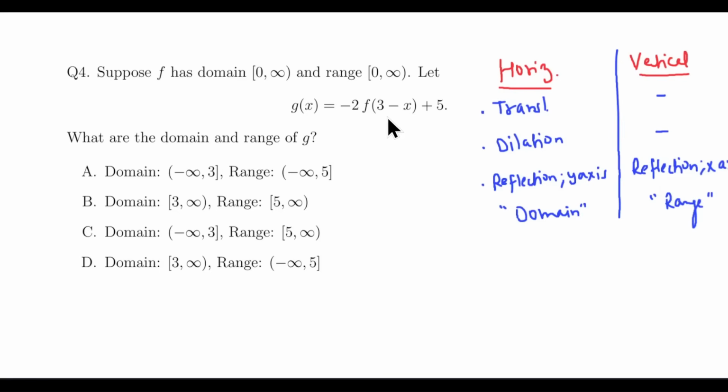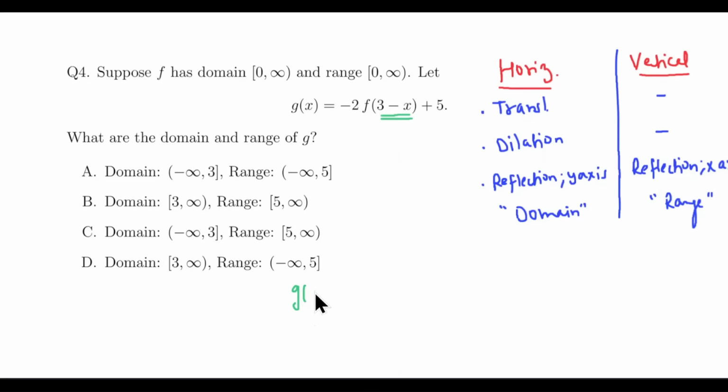So I can see that there is only one horizontal transformation involved, or maybe two. Let me tell you how. They are very clever by writing this as 3 minus x, but actually it is minus x plus 3.